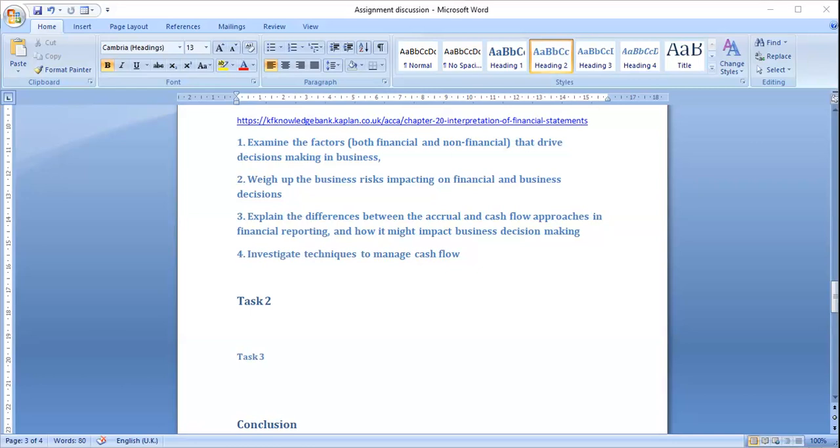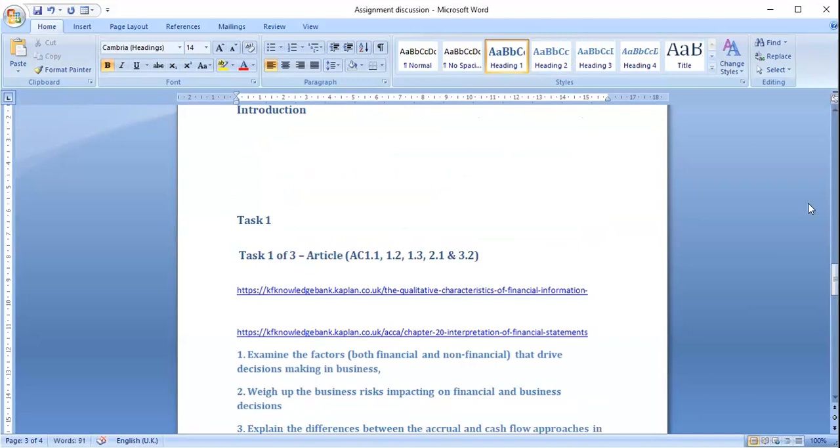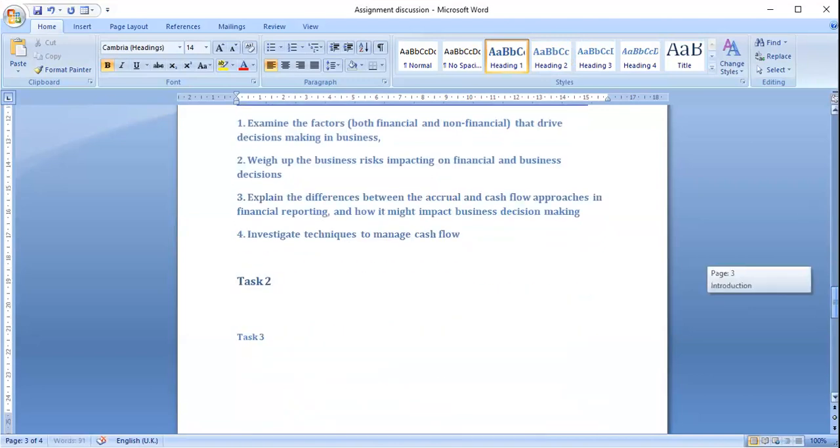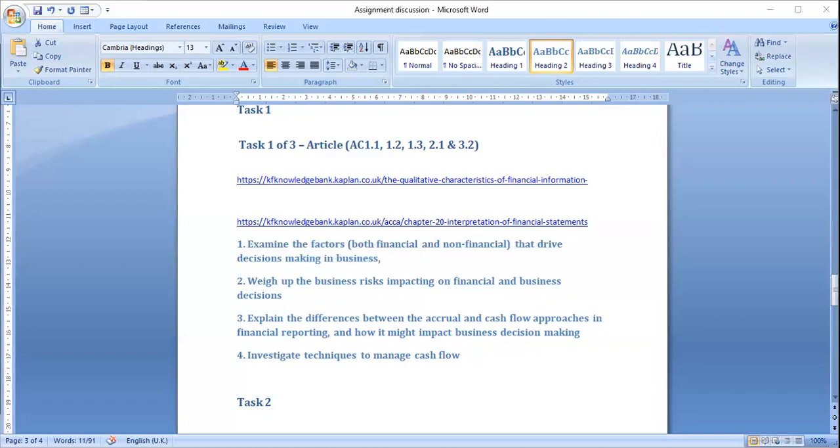You can open lesson 1.1, 1.2, 2.1 and 3.2, so that can be linked to it. Please make sure you do accordingly.